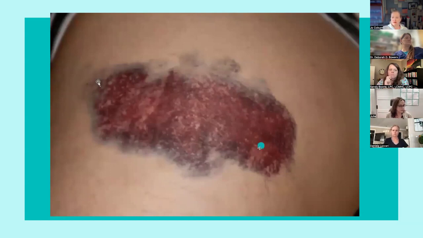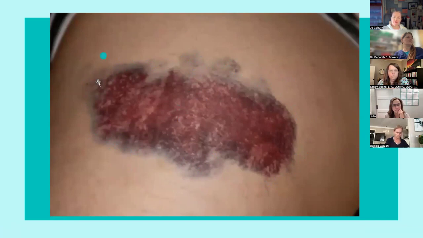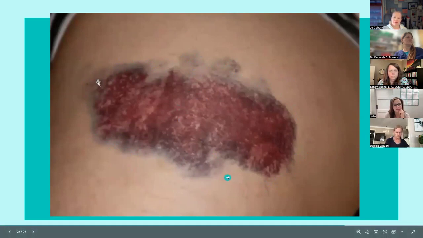But this is a lovely picture of a bruise. And the monocytes, that's what's happening. All the macrophages are on the outside of this bruise doing the cleanup. And that's where they're concentrated. They usually don't heal from the middle out. They usually heal from the outside in.